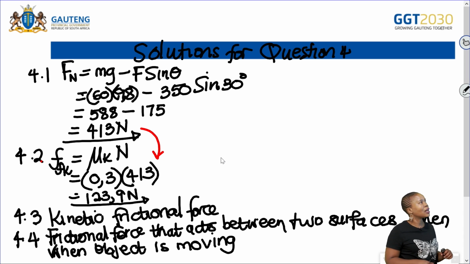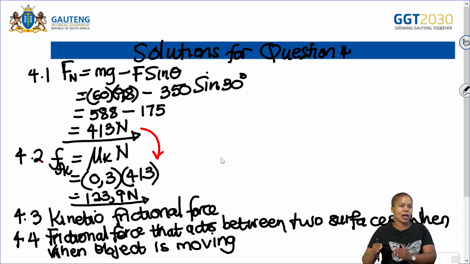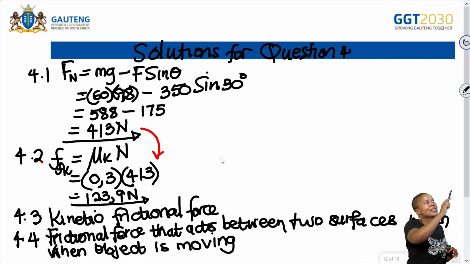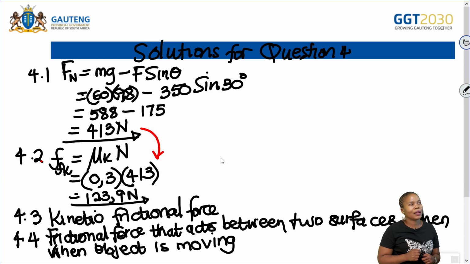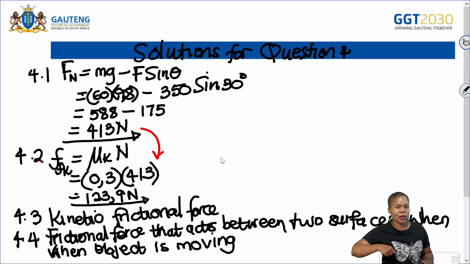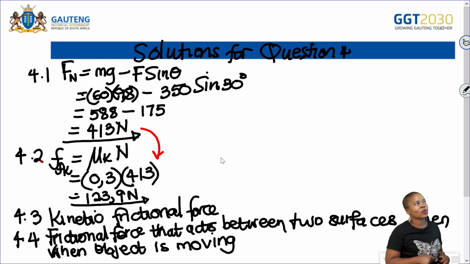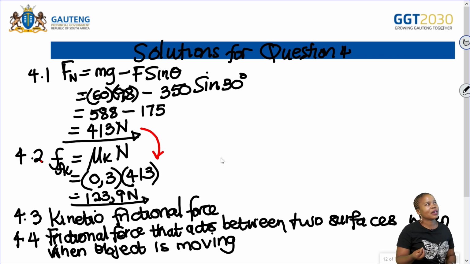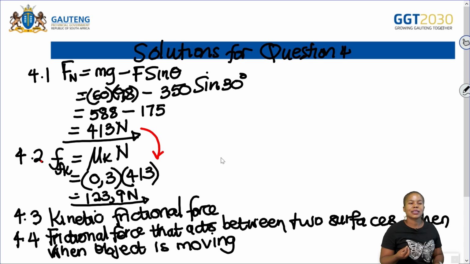That means your mass is 60 kg. Remember that we are told the mass of the girl and the cart is 60 kg. We multiply by the gravitational acceleration of 9.8 meters per second squared, minus the force with which the boy is pulling the girl and the cart, which is 350 sine of 30 degrees, because that's an angle to the horizontal. 60 multiplied by 9.8 gave us 588, and minus 350 sine of 30, which gave us 175 newtons.